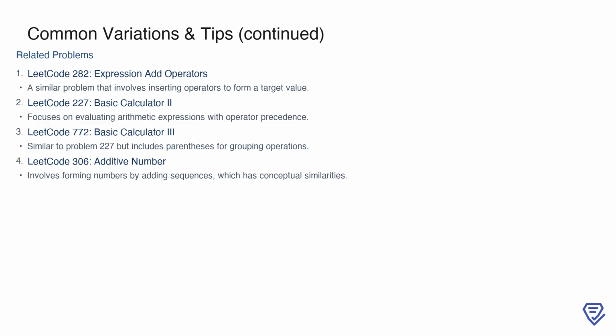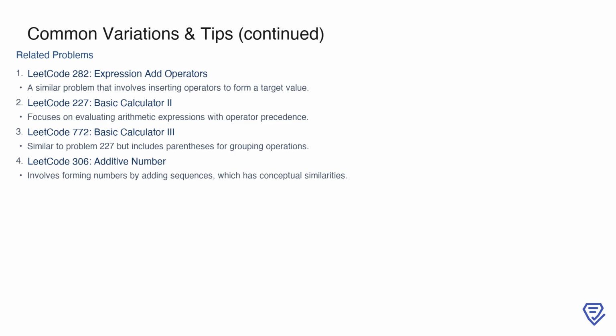For example, LeetCode 282, titled Expression Add Operators, involves inserting arithmetic operators to form a target value, making it conceptually similar. Another related problem is LeetCode 227, Basic Calculator 2, which focuses on evaluating arithmetic expressions while accounting for operator precedence.